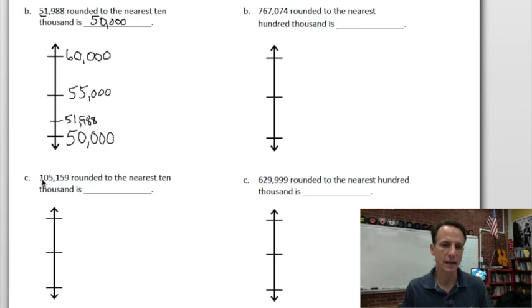Let's move down now to 1C, where we're still rounding to the nearest 10,000. The number we're rounding is 105,159. This is throwing us a little curveball because when we look and say how many 10,000s are there, it's a little tricky. Now if I asked you what's in the 10,000s place, you'd say 0. But if I asked you, well, how many 10,000s could we say there are? There are actually 10 10,000s.